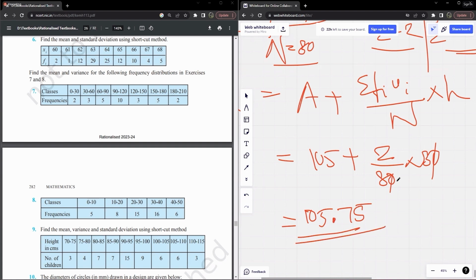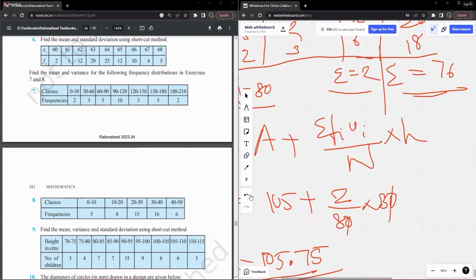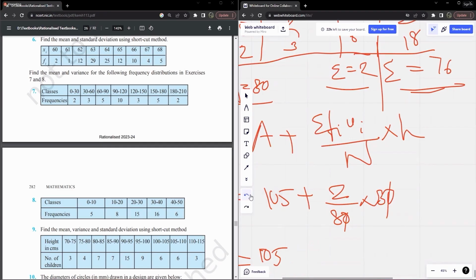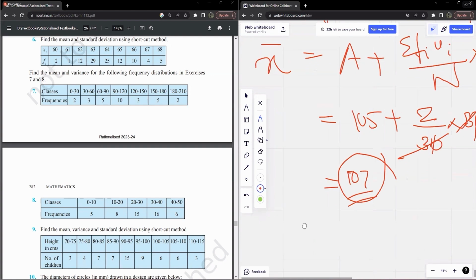Wait a minute, I'm really sorry. This is not 18, this is 30, so these get cancelled. We have 105 plus 2, that is 107. That's our answer for x bar.